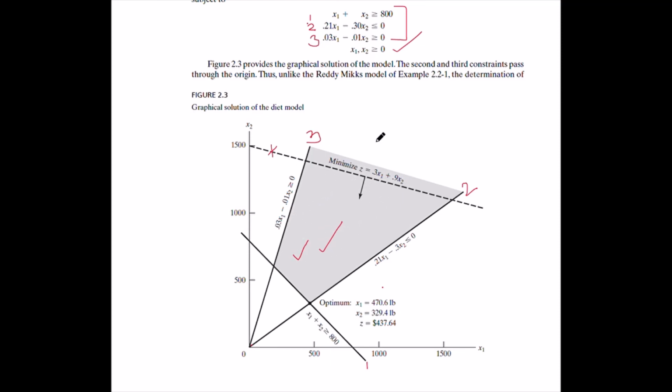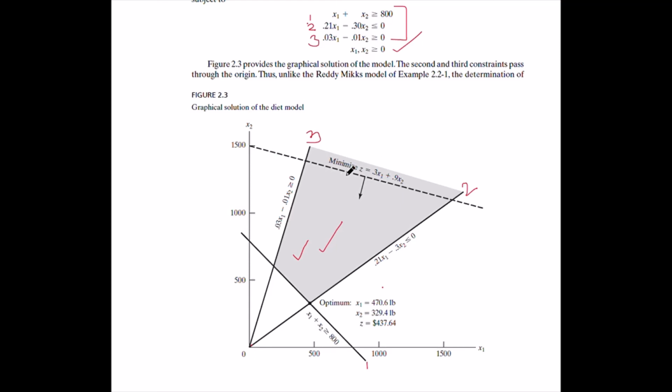Generally, if we need to maximize something, then since the feasible region is unbounded, we won't be able to find the maximum value, because every time we increase the value of x1 or x2, we will get a new value of z, which is again the maximum. But here the main question is to minimize.